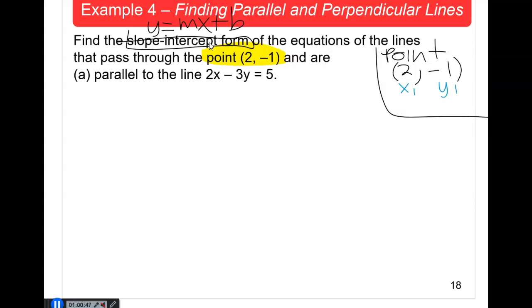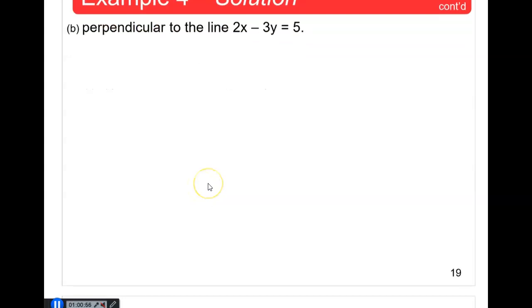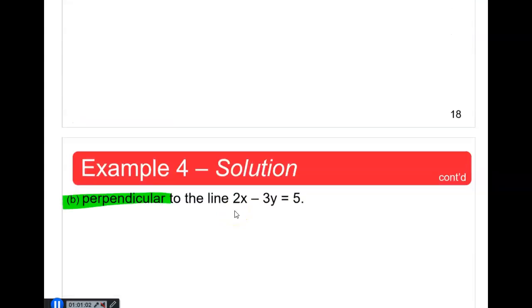Now, if you notice, we have two questions. Part A says parallel, and if I scroll down, we can see part B says perpendicular. So this is a two-part question. However, for both of those, the point that we'll be using is the same.